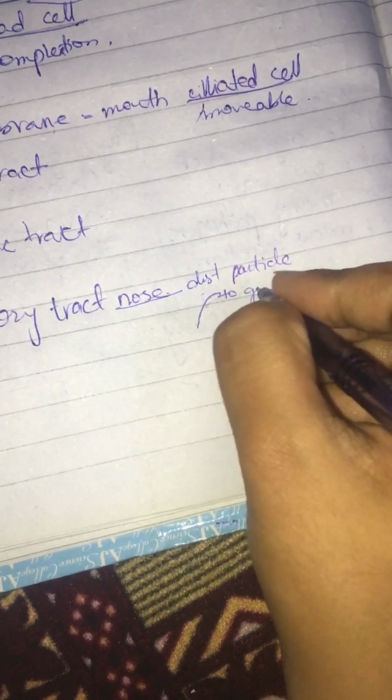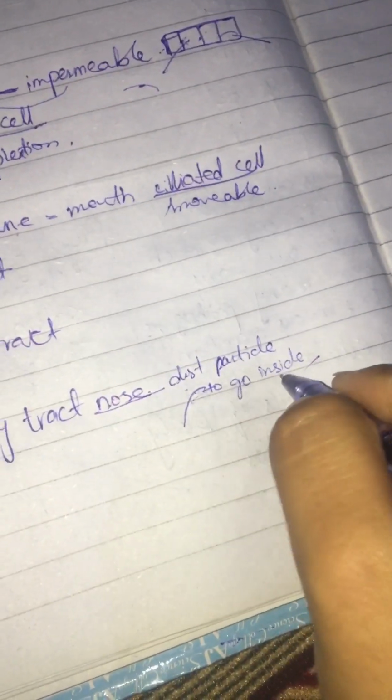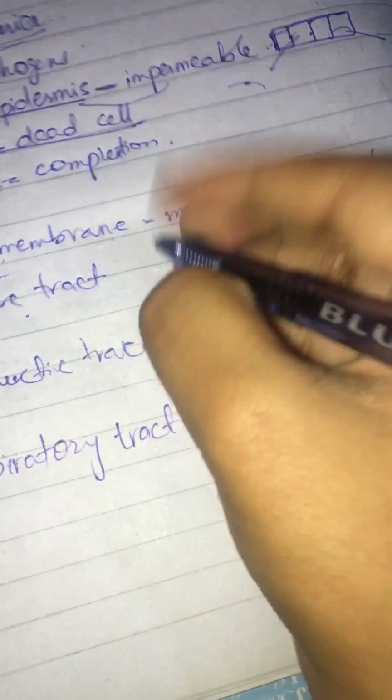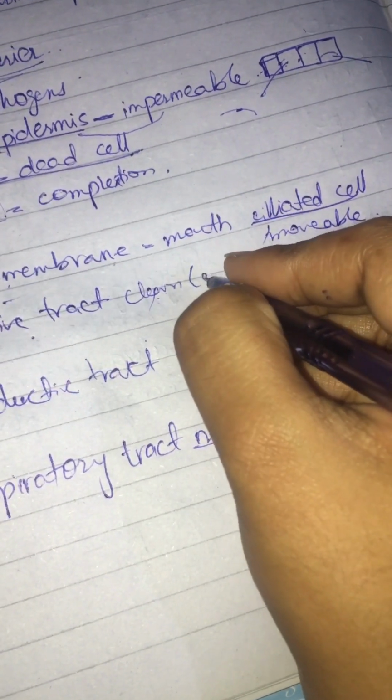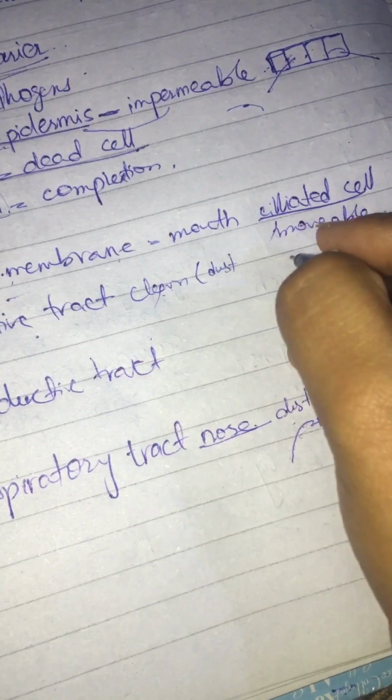If we start with the respiratory tract, we inhale air from the environment through the nose, and if that air has dust particles, the mucous membrane will clean it and then allow it to go inside the body. If the air is clean, it will go further down. If it still has dust particles, it will create sputum.